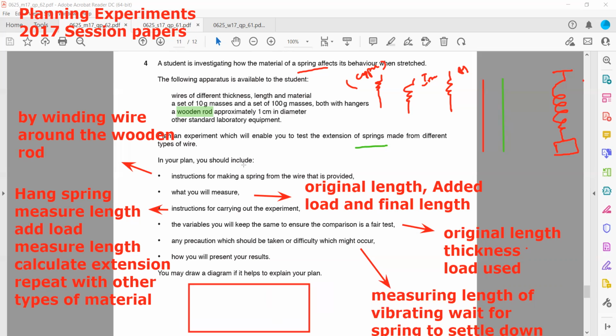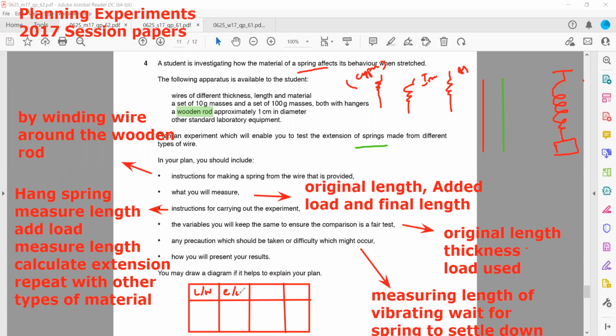with a column heading. So we will have a load. The first column will be the load, then we will have extension of spring A, B, and C. So L is there, that is a load, which is in newtons.